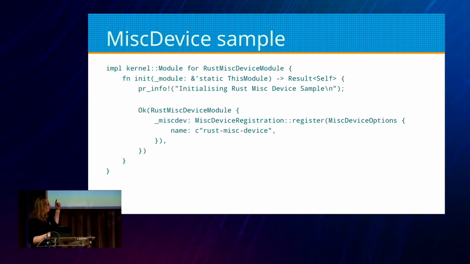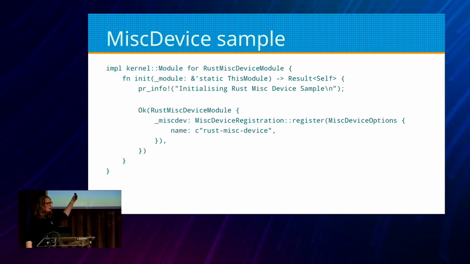So this is the init function. And I think what's happening here is kind of interesting. On the very first line, what you see is implement module for Rust misdevice module. And so what you're doing here is that, so module is a trait. It's basically a list of functions you can provide for a type.